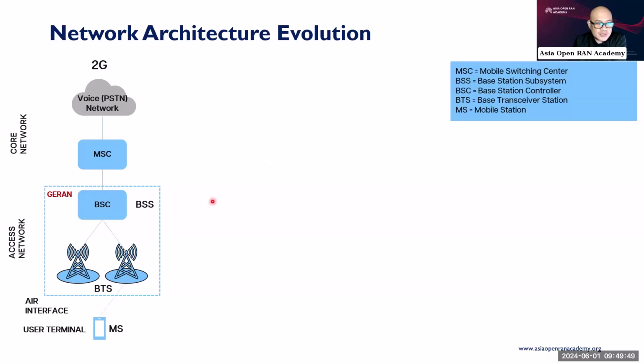We call it the base station controller. Sa base station controller, all of our BTS or base transceiver stations are connected. So the handover happens dito. And the user terminal natin is called the mobile station.